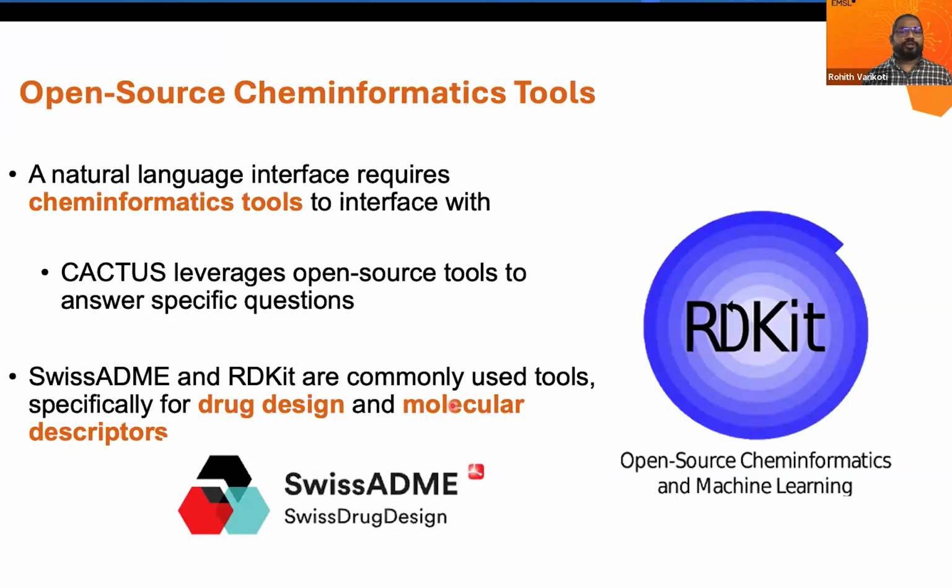Now looking at the open source tools, we have a vast amount of cheminformatics tools. RDKit is one of the open source cheminformatics tools that you can use with Python. And SwissADME is another drug design tool, which gives us various descriptors or parameters based on the chemical structure or input of a molecule.